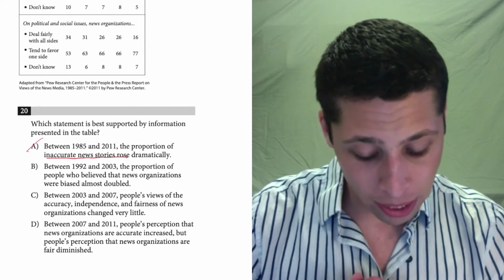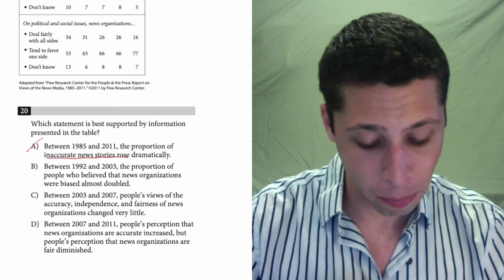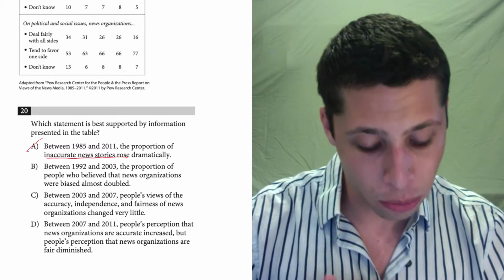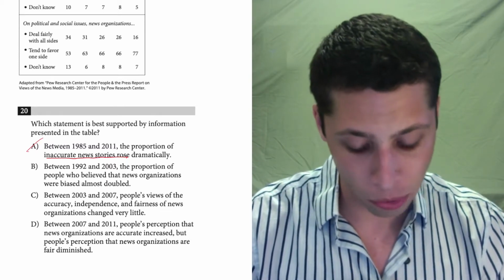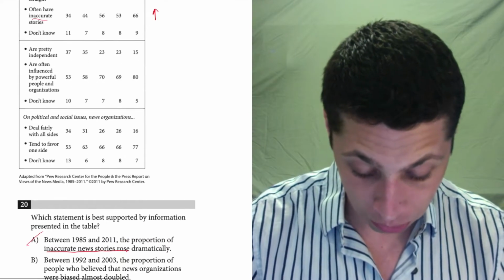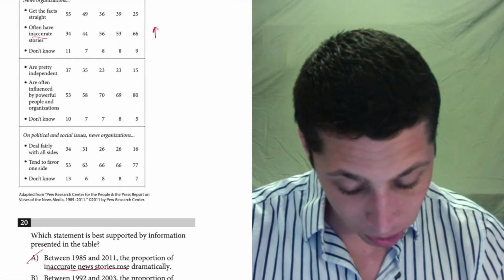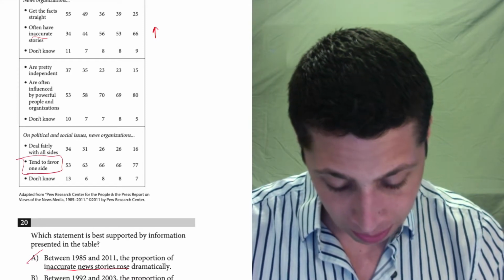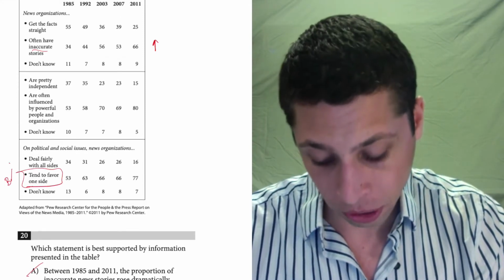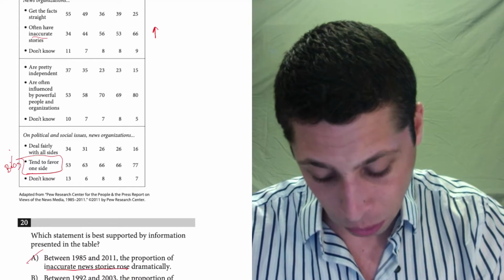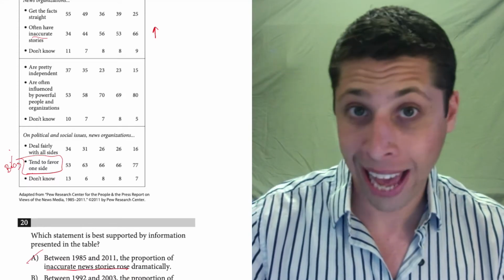Choice B, between 1992 and 2003, the proportion of people who believed that news organizations were biased almost doubled. Okay, so we go to the bias one. So, tend to favor one side. That's another definition of the word bias. So we can look at that.